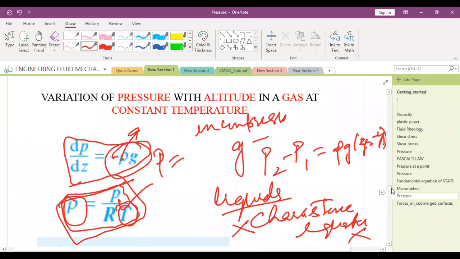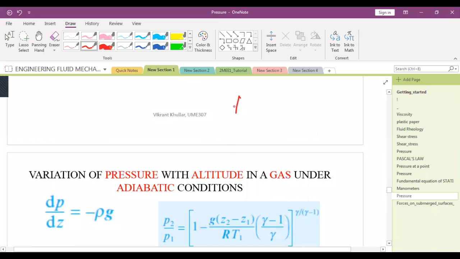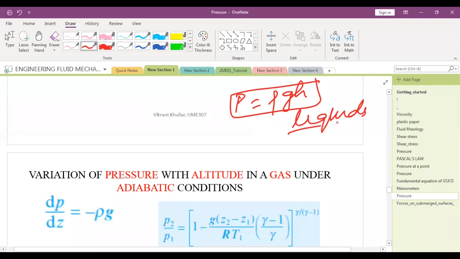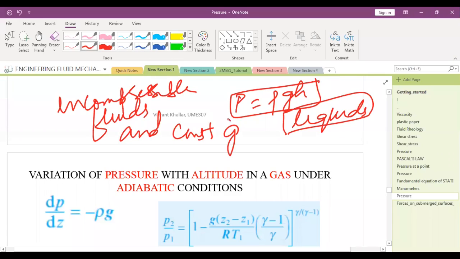So the only point that you need to take care of is that the pressure we write as rho g h is valid only generally in liquids, or particularly incompressible fluids, and constant acceleration due to gravity.